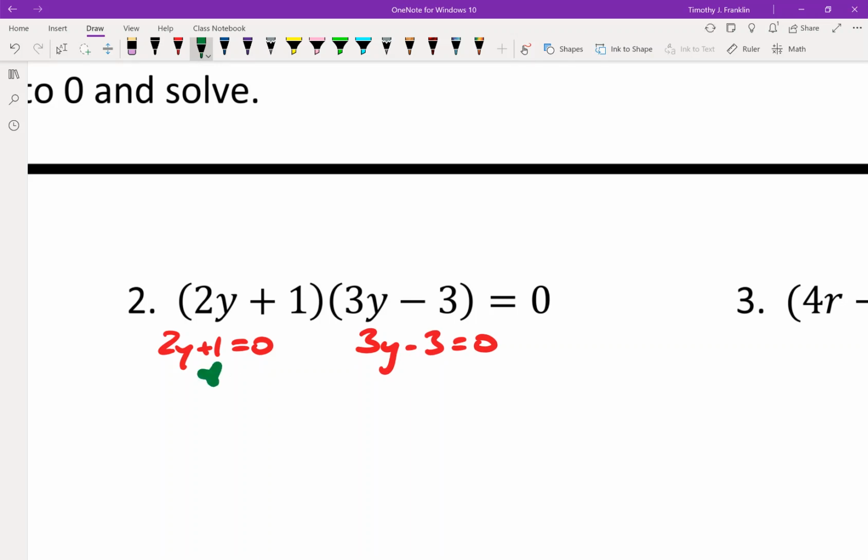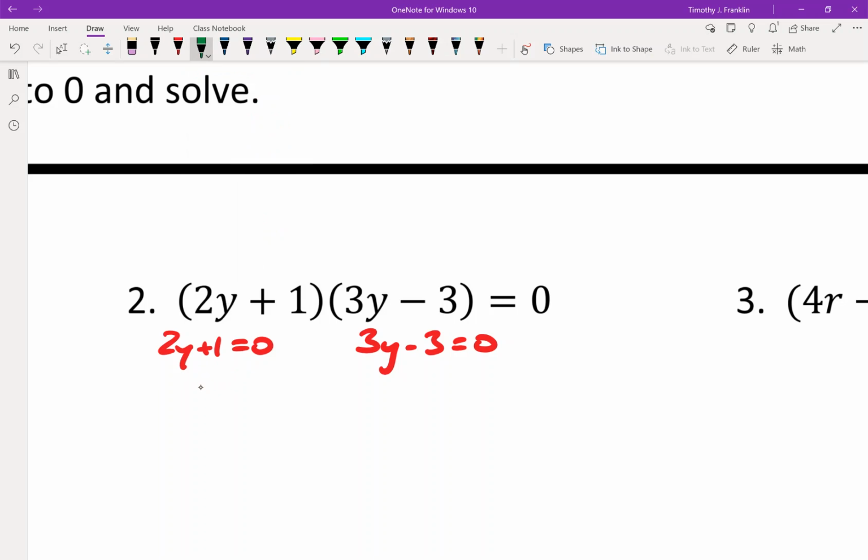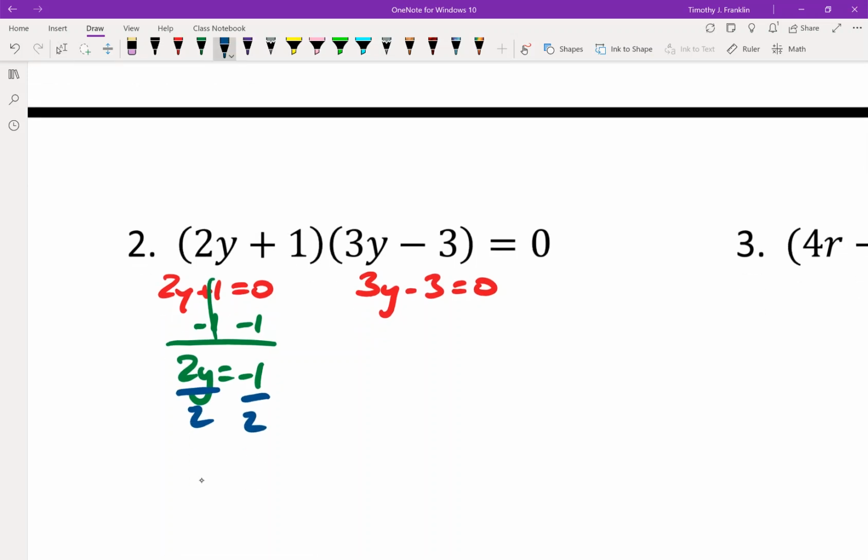First step is to subtract 1, so 2y equals negative 1, and then divide by 2. For this first factor, we get y equals, just leave the fraction, negative 1/2. If we can reduce or simplify it, do that, but you could just leave it like this.